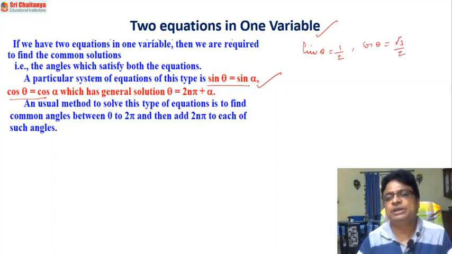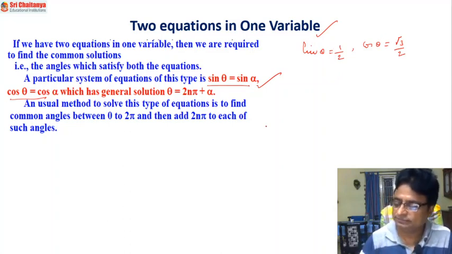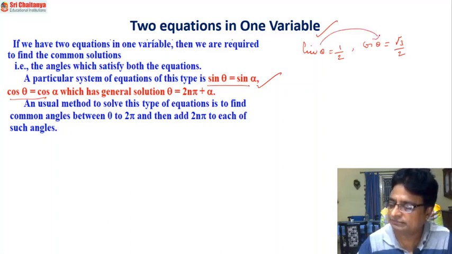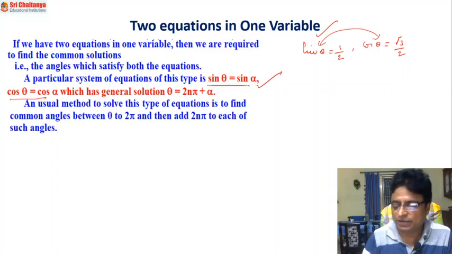What is the beauty in these two equations? There are two equations and only one variable, that is theta. Whenever this kind of two equations in a single variable are given to you, here I am explaining the strategy. What is the strategy? Read the statement properly.